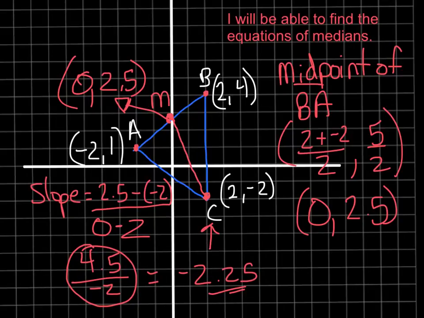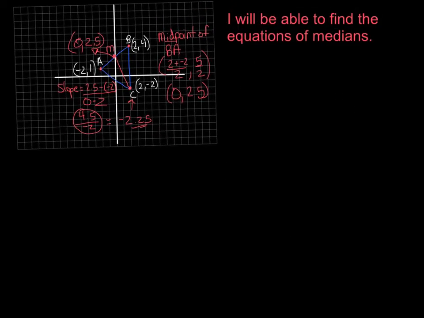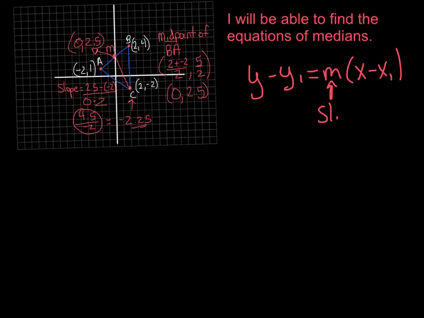So now that I know the slope and 2 points, I can find the equation of the line, and I need a bit more room to do that. So bear with me, our visuals are going to shrink here. And there's a few different options. I can use y minus y1 equals m times x minus x1, where m in this case is the slope, of course. I used m for the midpoint, so sorry about that.